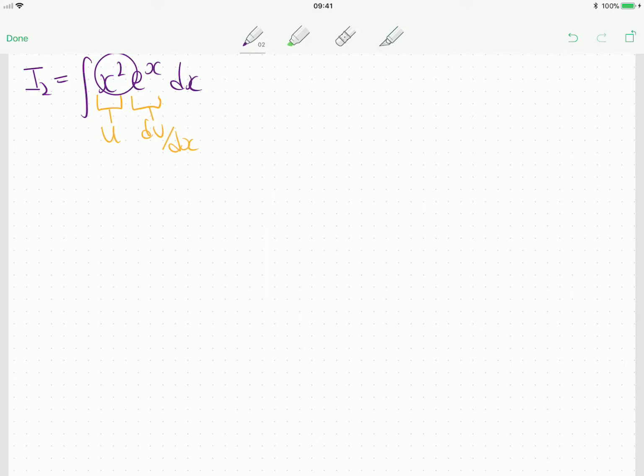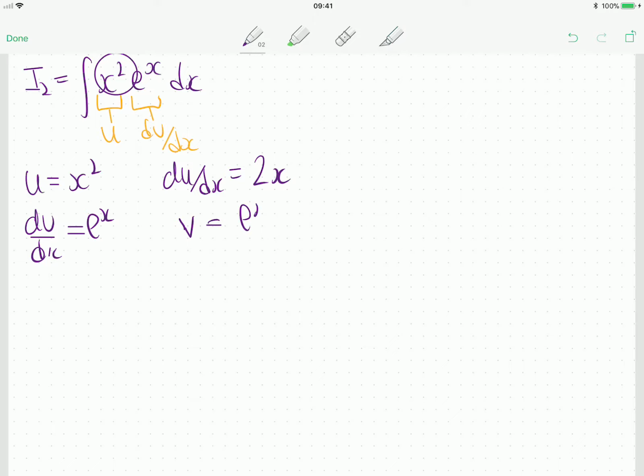If we put this into the parts formula, it's going to get easier. Particularly, this power is going to drop by 1. But we're not going to get there that simply. We've still got a bit of work to do after that. So let's see what happens. If we label these up and calculate the information we need, du dx is 2x, v is e to the x.